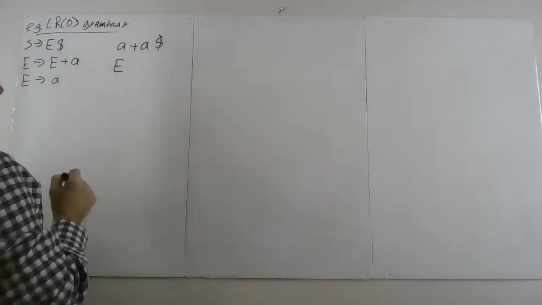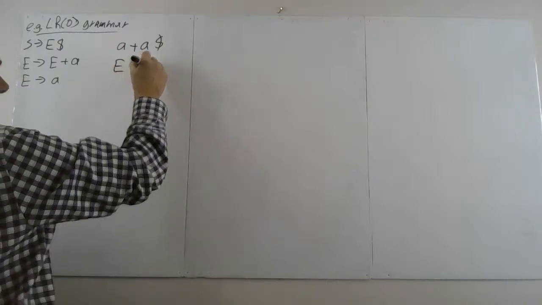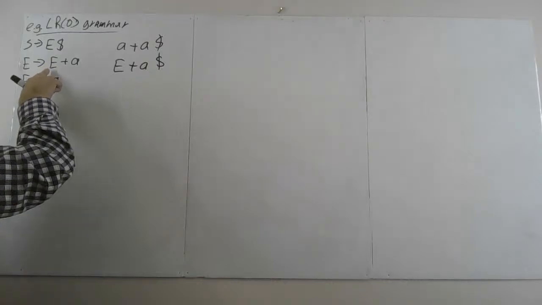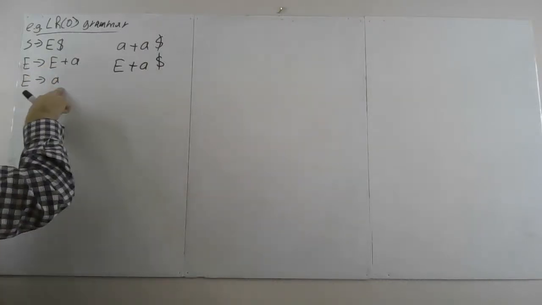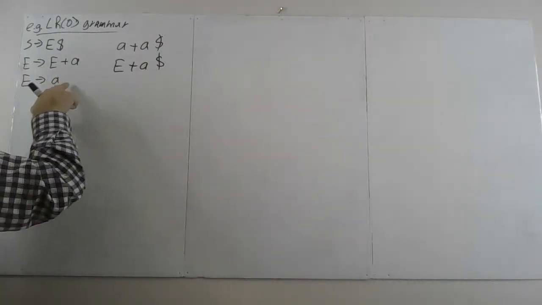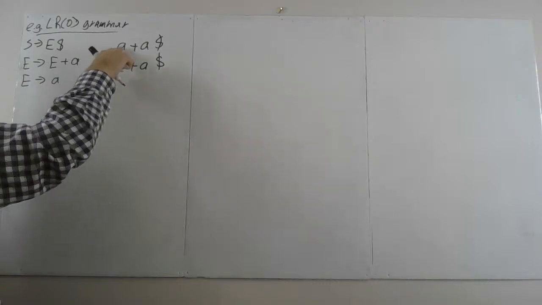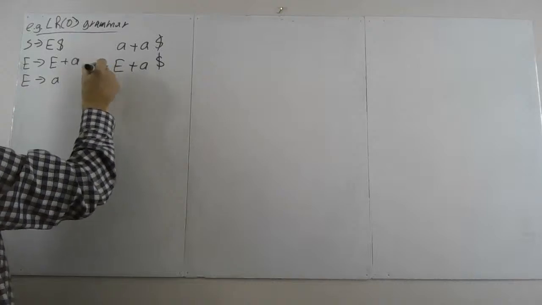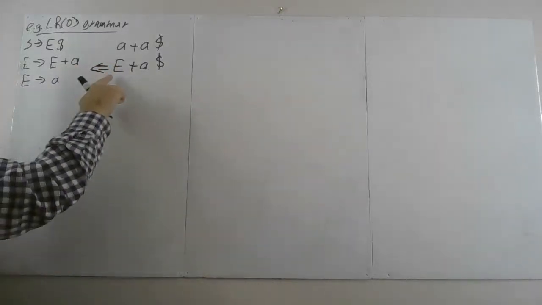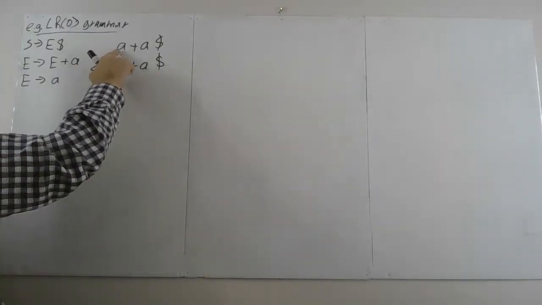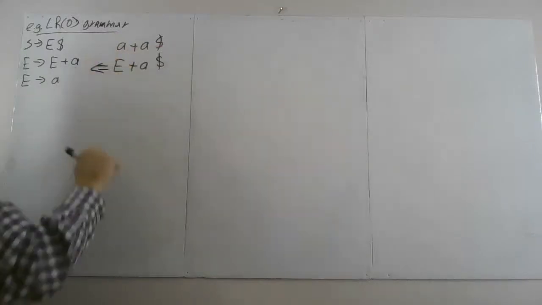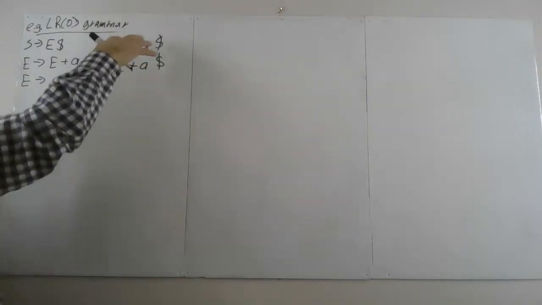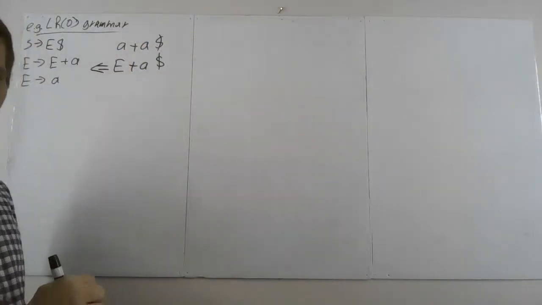So we're going to be changing things on the left side first, but we have this production rule that says E goes to A. So we can apply that rule in reverse to change this A to an E. And then I'm going to write the derivation symbol backwards to say that E plus A $ directly derives A plus A $, right?